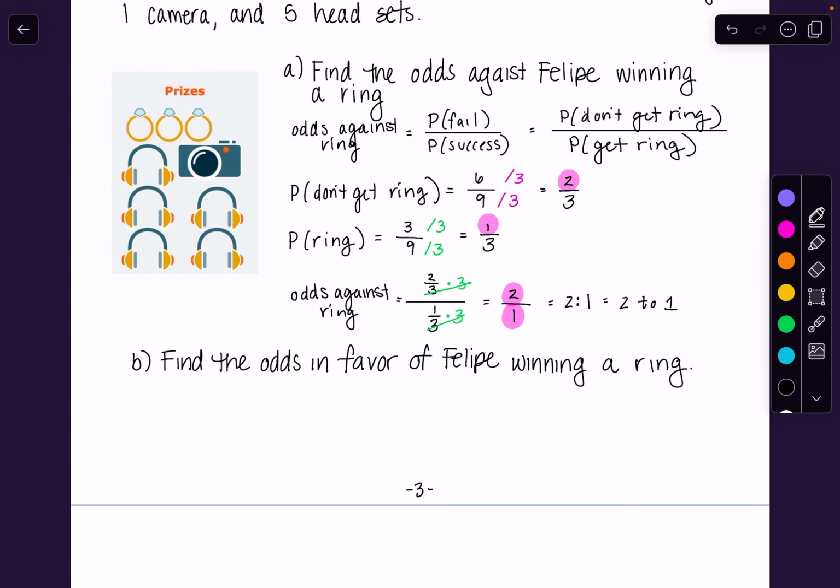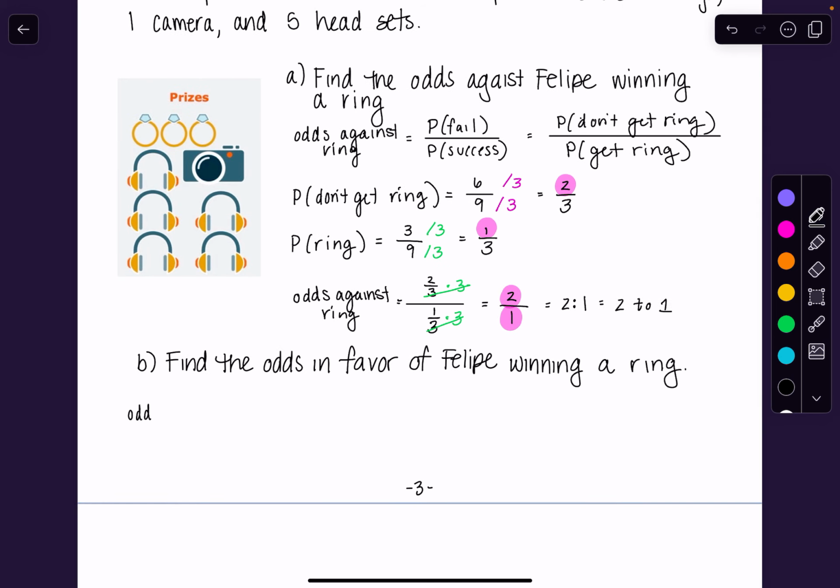So to show you with this next example, if you find the odds in favor, all that means is we switch the order of these. So we put success in the top and we put failure in the bottom. Okay. And I'm going to even show you with the unreduced fractions how we get this.